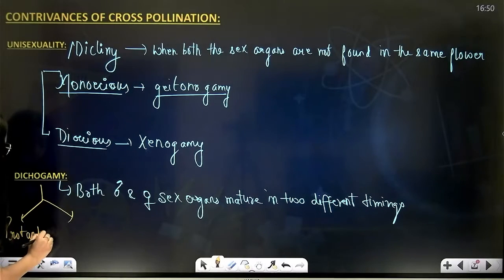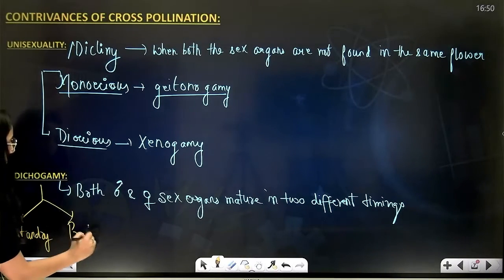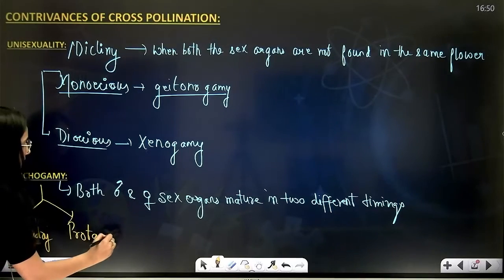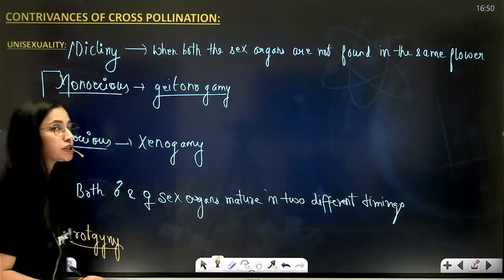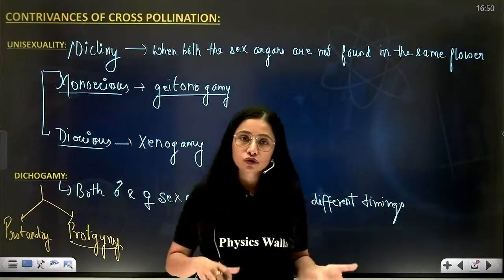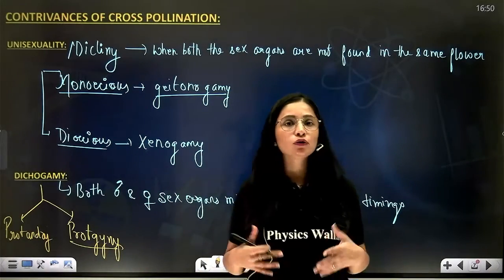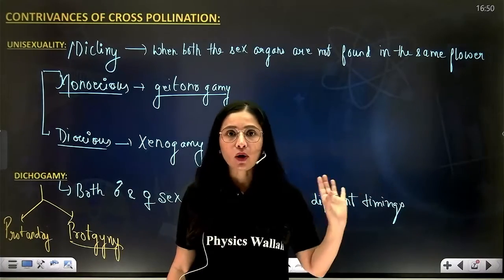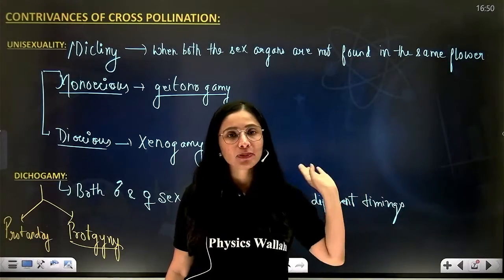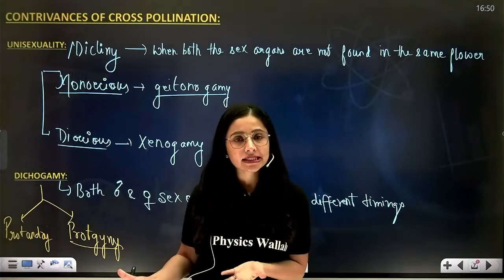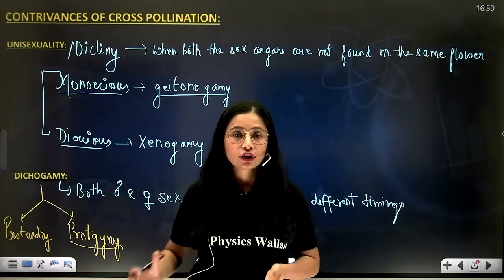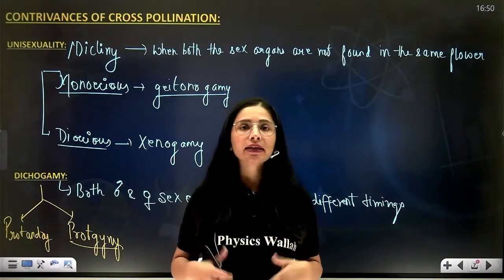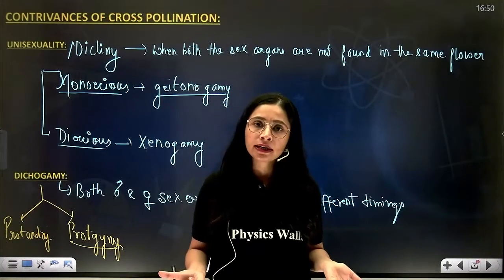So in dichogamy also there are two conditions. Protandry and protogyny. Protandry condition means when androecium matures first and gynoecium is still not ready. So androecium has released its pollen grains. Male gametes have been discharged, but yet the stigma is not ready to receive them. So even after having bisexuality, it will not show self-pollination.